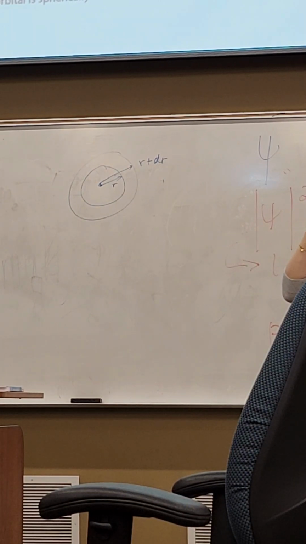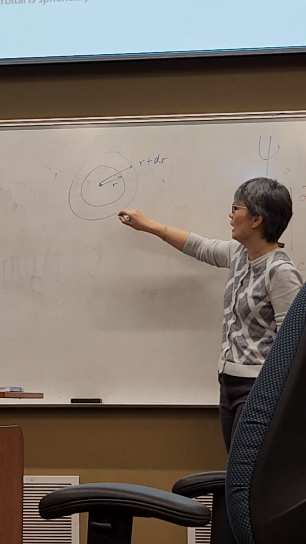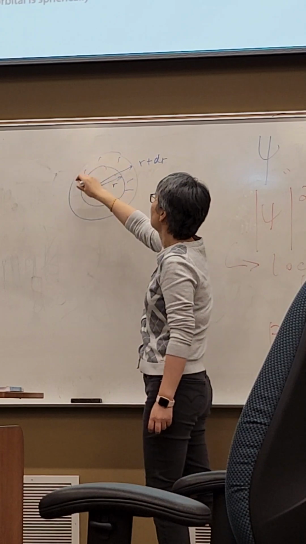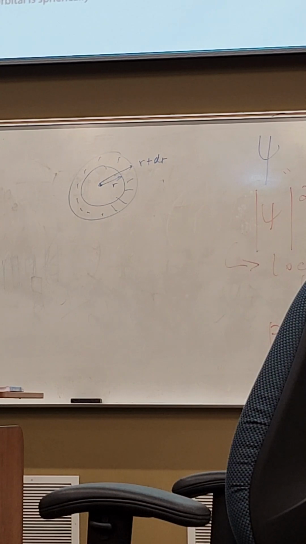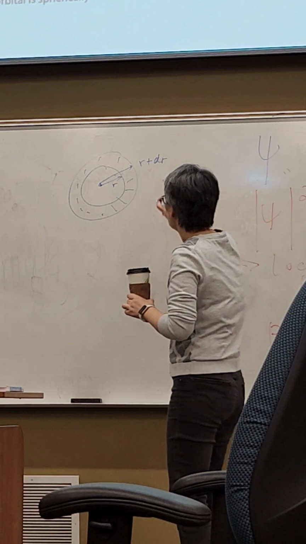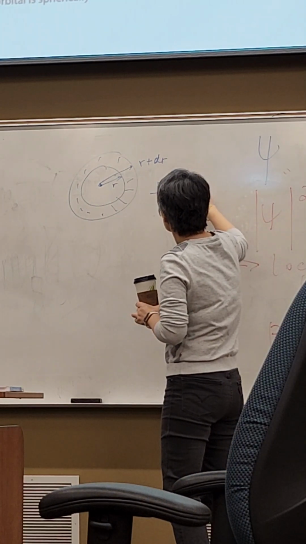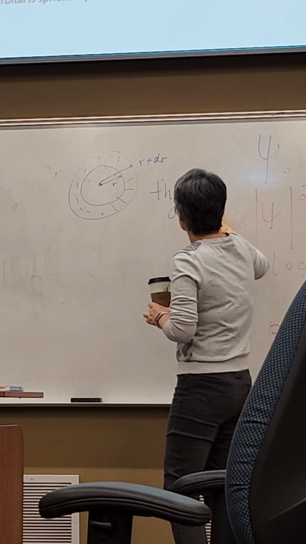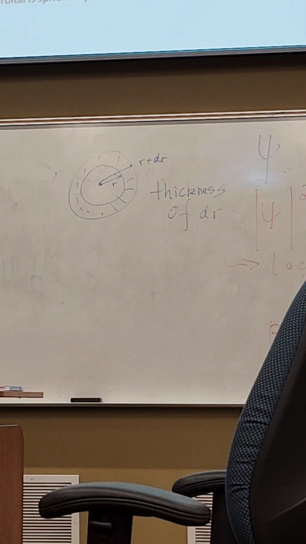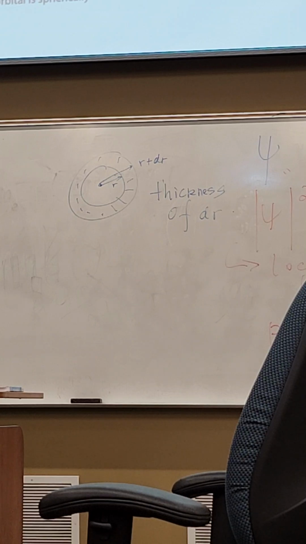Okay. Now, what is the volume in that little space between two spheres that has a thickness of dr? You have a sphere, you add another thickness of dr. What will be the volume in that space?